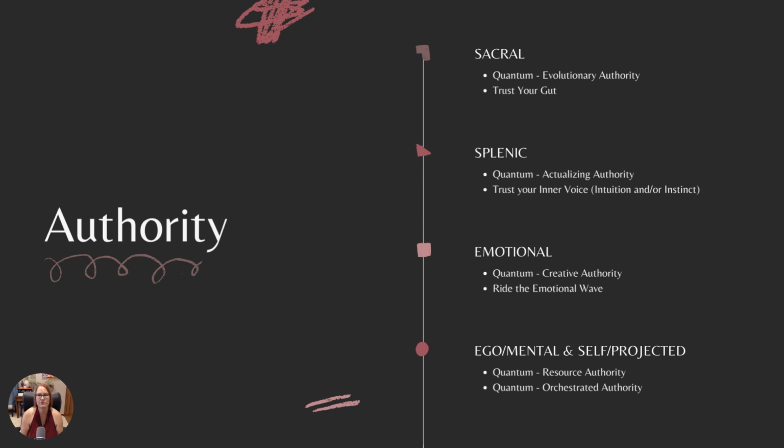The sacral we spoke to, if you are a generator or manifesting generator, you are automatically a sacral. It's basically you are trusting your gut, whatever comes up for you. If you have gotten to a point where you get too much in your head, reach out to me.